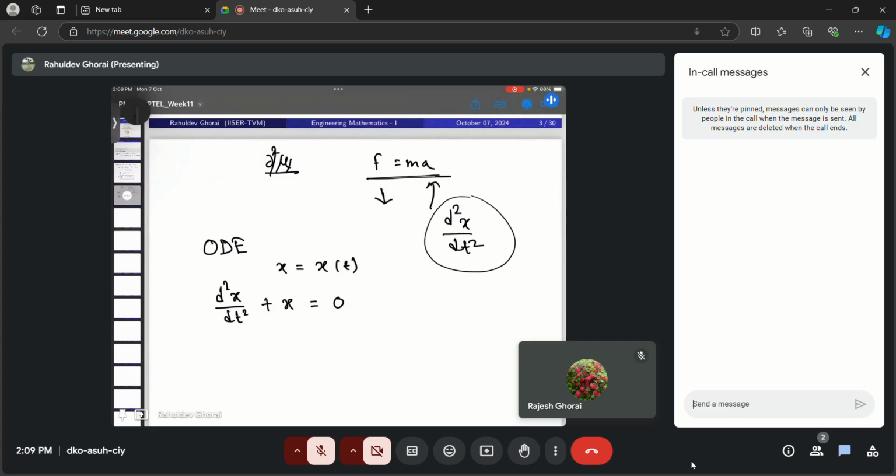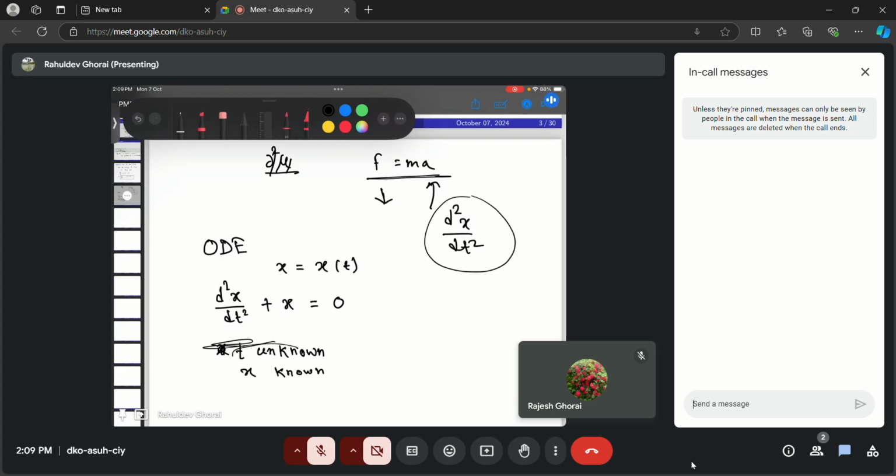Here x is the unknown variable and t is the known variable, because once you know t, then x is known.